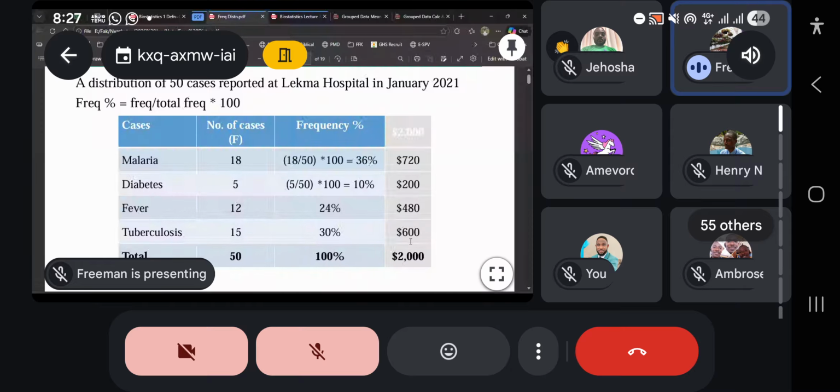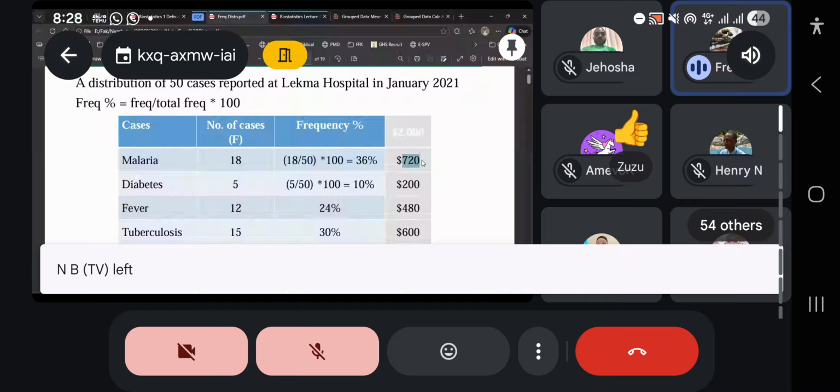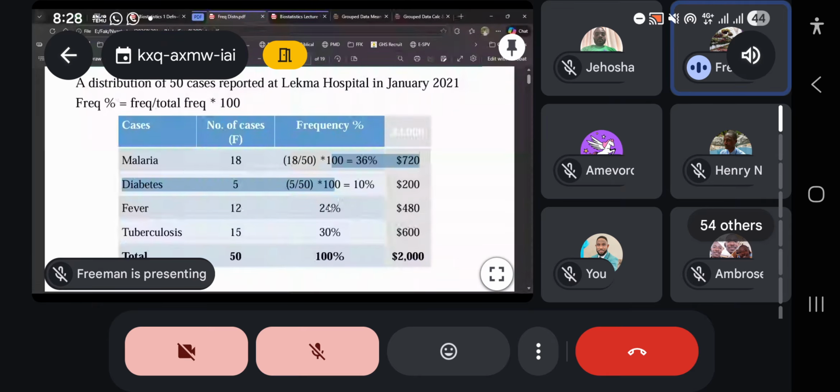So that 36% will multiply your 2,000, and you are having 720. Just as we did the pie chart, instead of multiplying by 100 first, you can straight away multiply by 2,000. It will also give you a very good result.